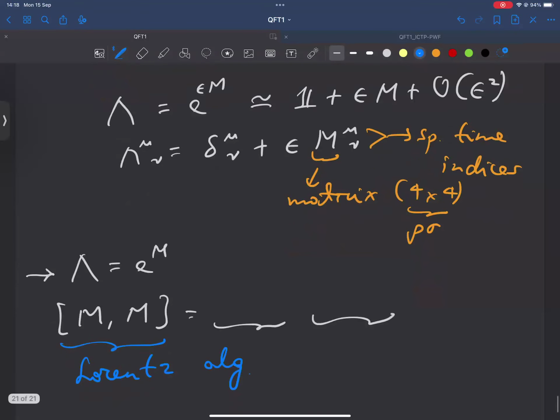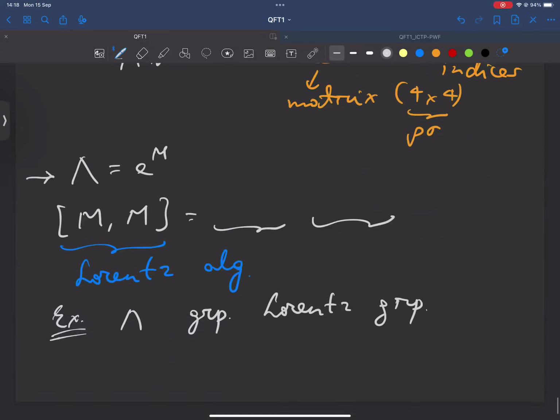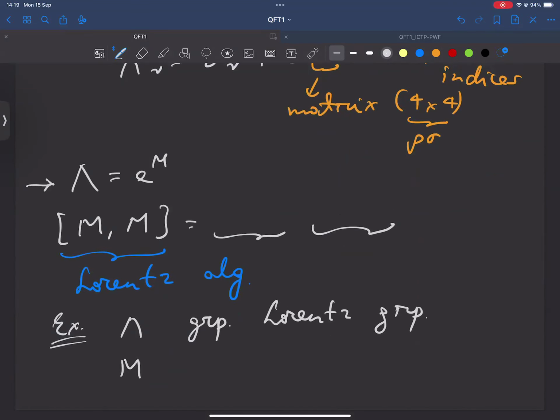Okay. Now note that there was an exercise that these lambdas also form a group called the Lorentz group. But note these m's are not a part of this Lorentz group. That's something important to note, and I didn't stress it enough last time.